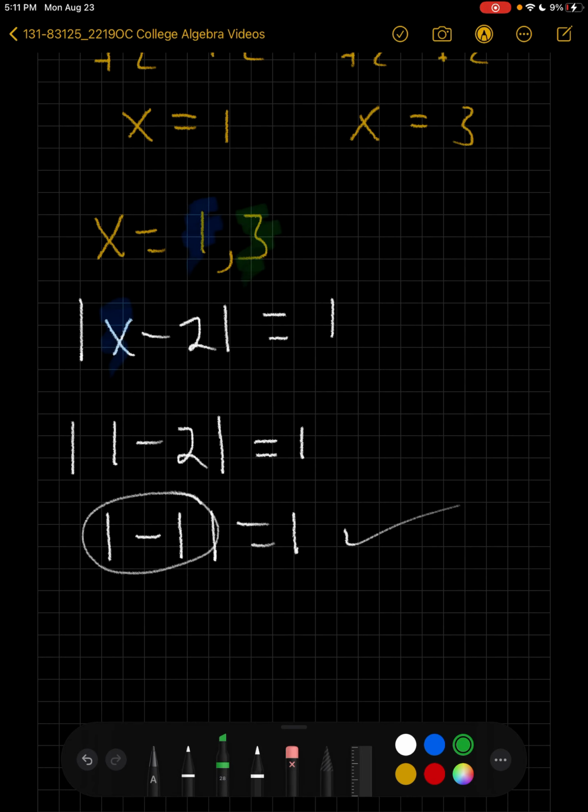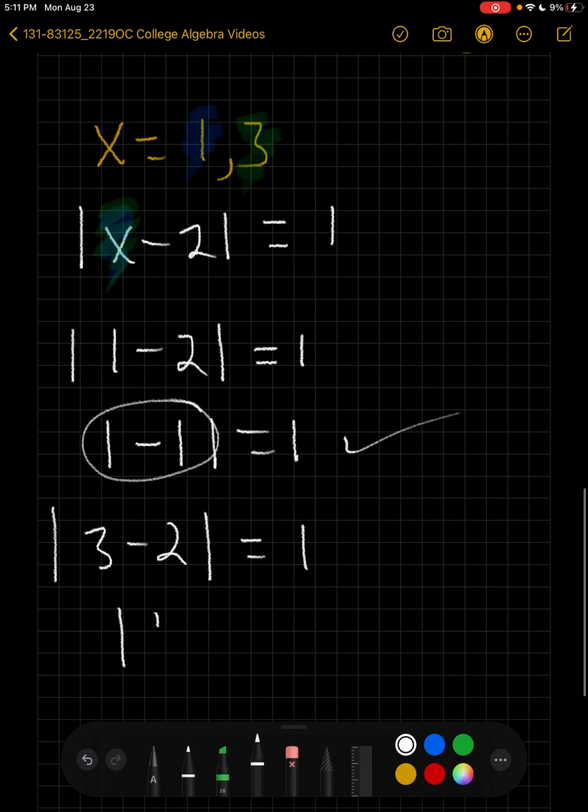And if I plug in my other answer, x is equal to 3, I get the absolute value of 3 minus 2 is equal to 1. And that tells me the absolute value of 1 is equal to 1. And that's true too. So that's how we can work a little bit with absolute value in terms of equations.